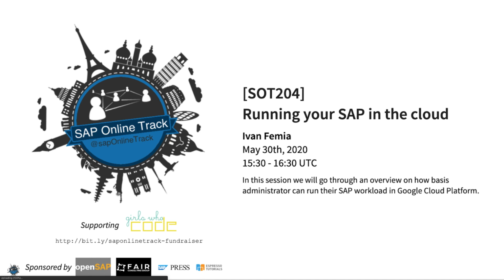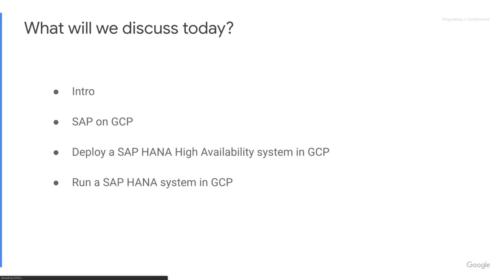My name is Femia, and today we will have an overview on how Google Cloud makes a difference when you run SAP in the cloud. Let's have a quick look at the agenda for today. We'll go with an introduction of cloud and then move into the main topic, why SAP on GCP makes a difference.